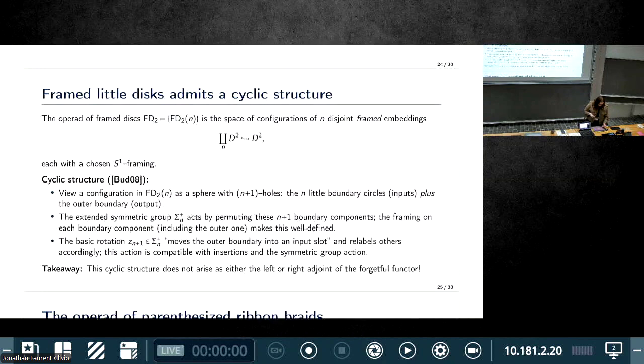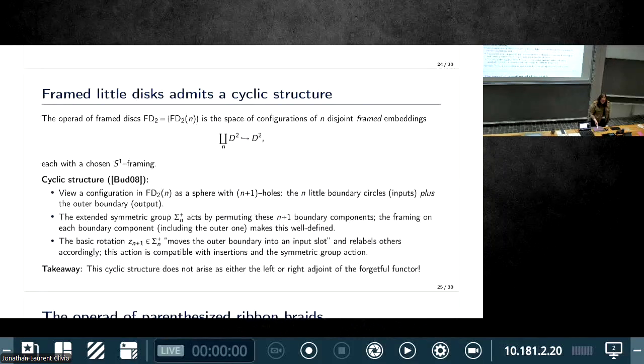So here's an example. It's one of the nice examples of something that admits a cyclic structure, but it doesn't come from the left or the right. So the framed little disk operad, this is a variation on the little disk operad, which I'm hoping everybody has seen.